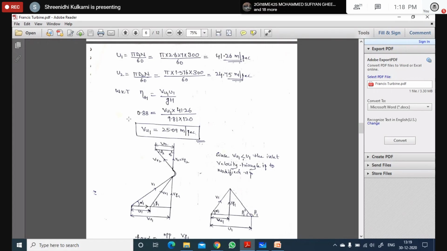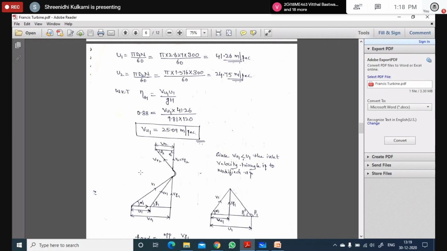Okay. So before going to this, initially you have to draw the inlet and outlet velocity triangle. I am showing here the inlet and outlet velocity triangles. This is the inlet and this is the outlet velocity triangle. I already calculated U1, U2 and VU1.